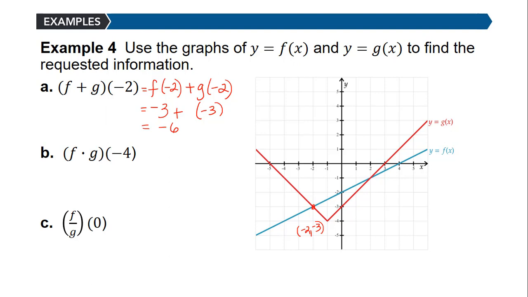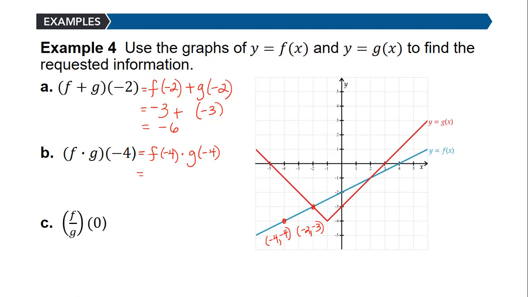Part B is f times g of negative 4. By definition, this is f of negative 4 times g of negative 4. F of negative 4 means what is the y value when x is negative 4 on the function f. So our function f is a blue graph again. So we go to negative 4 on the x. Where does it hit the graph? We'll notice at this point, negative 4 is on the graph of f.